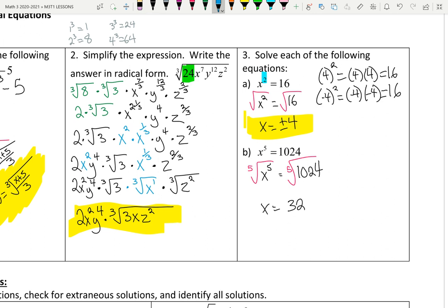The reason being, even roots have 2 possibilities, however with the 5th root, it's only going to be positive. So I have my solutions to both of these power functions.